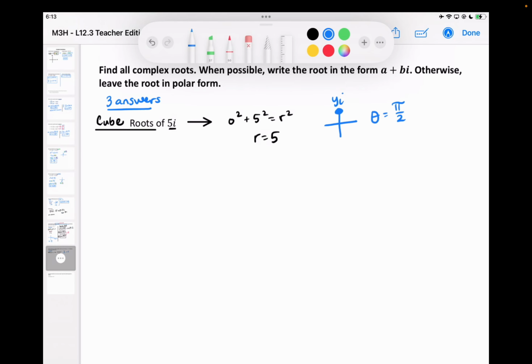So let's write our polar form first. So we've got 5 cis pi over 2, and we are trying to find the cube roots of that, which I'll break down a little bit. So we've got the cube root of 5 cis, and then pi halves. I'm going to multiply by the reciprocal of 3. That's like dividing by 3. So let's find solution number 1.